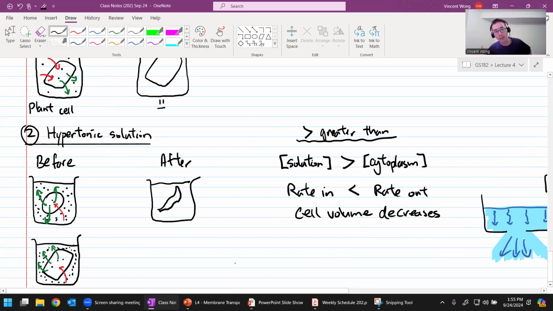You're basically removing the water from it. It's like a grape. If you remove the water from the grape, it becomes a raisin. We have a name for this. This is called plasmolysis, which basically means the cell shrinks. Cell volume decreases, it shrinks.